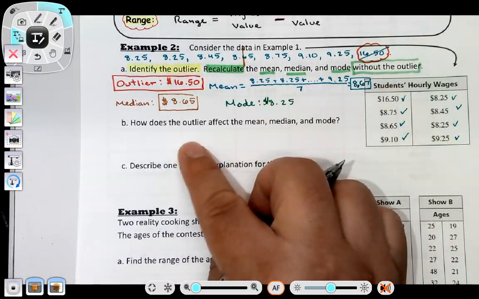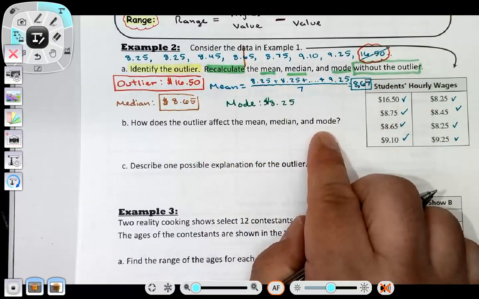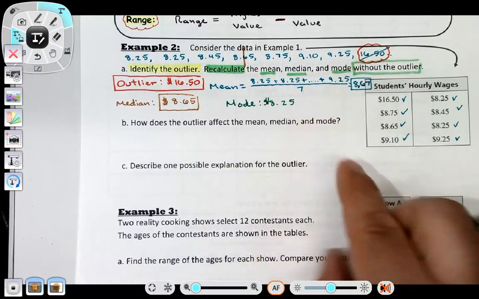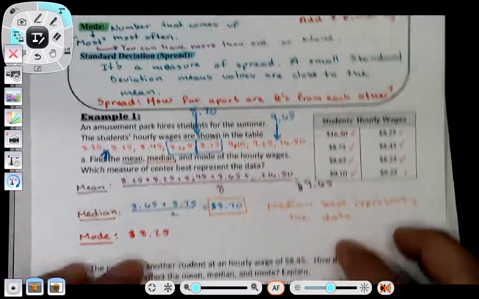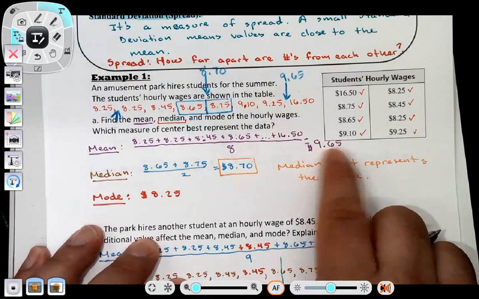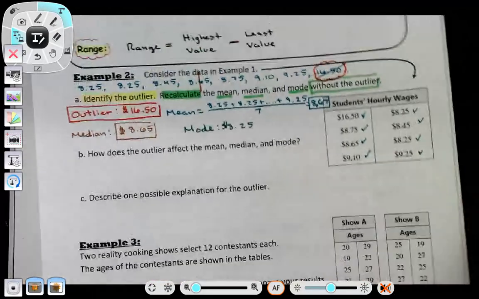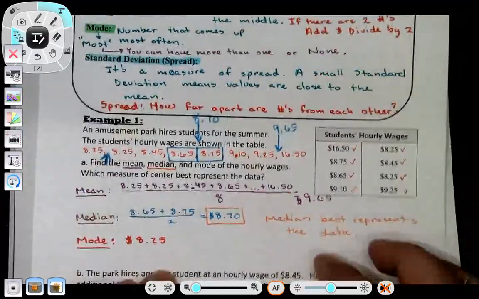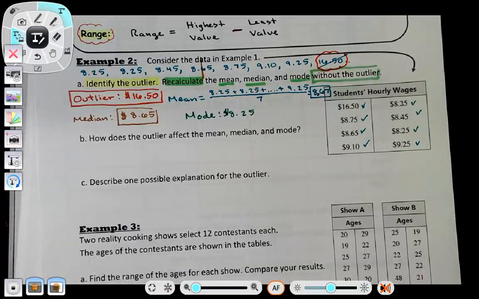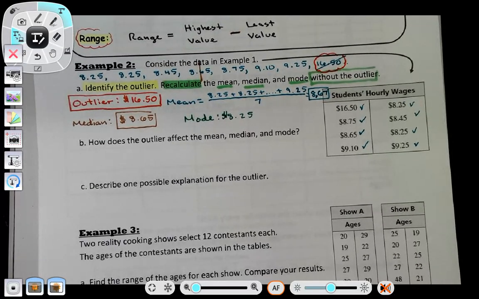So it says, well, how does the outlier affect the mean, the median, and the mode? All right, well, you have these numbers. Look, my mean was 867. It used to be 965, right? My median was 865, but it used to be 870. So again, what happened to the mean and the median? Decreased because we took out what? The biggest number. Yeah, we took out the biggest number that was on the list.